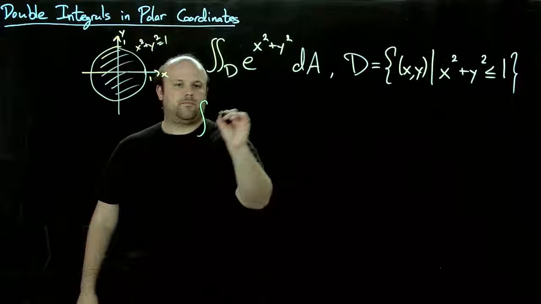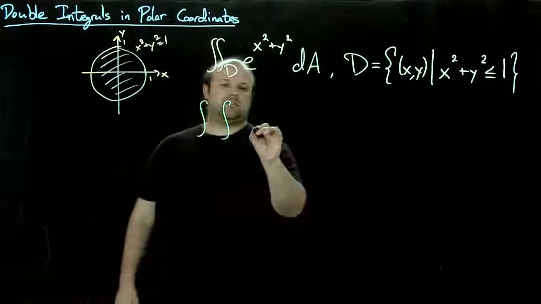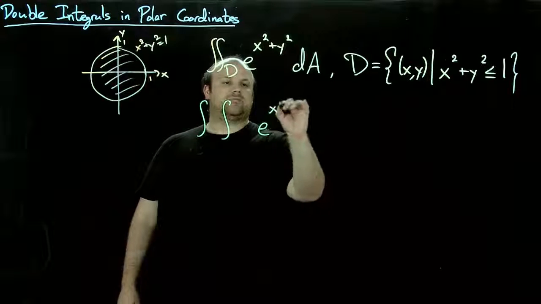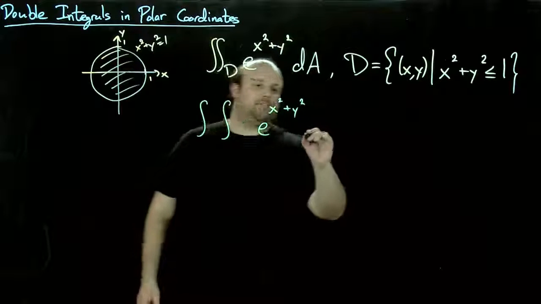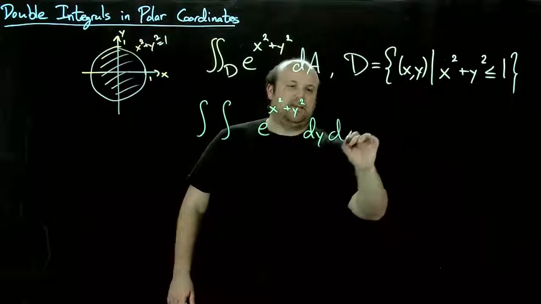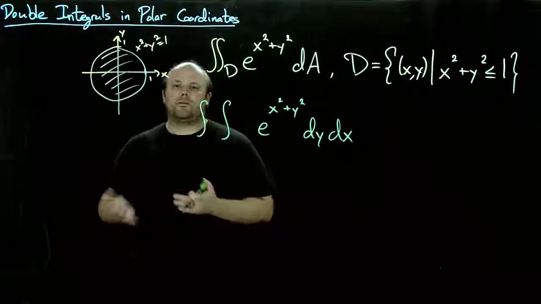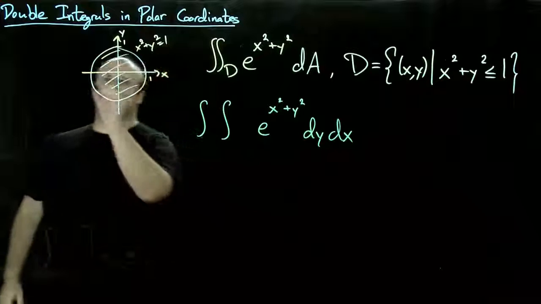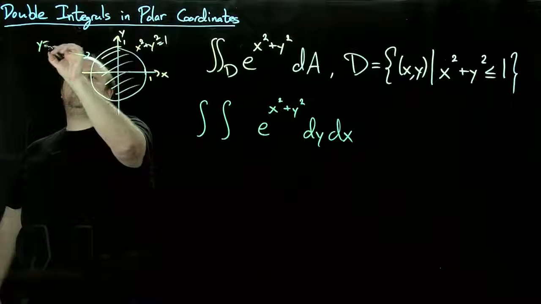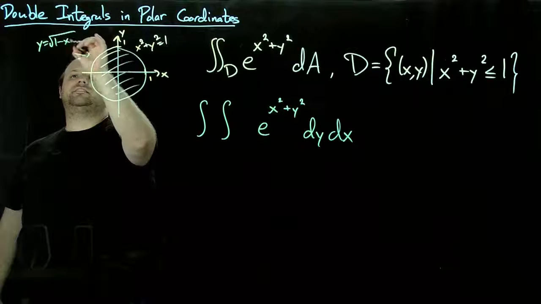Well, we have to integrate e to the x squared plus y squared, and let's just say we do dy first, then dx. Right? So what are our bounds going to look like? Well, the top half of this circle comes from y equals square root of 1 minus x squared.